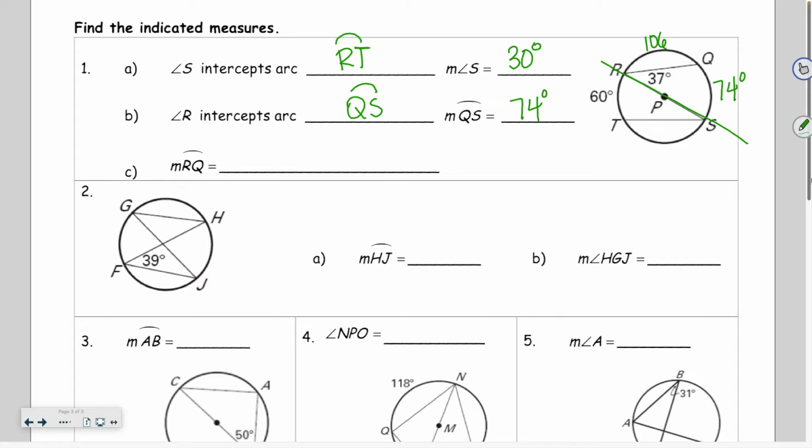All right, look at number 2. We want to know the measure of arc HJ. So we're looking here. So what is the measure of arc HJ? 78.